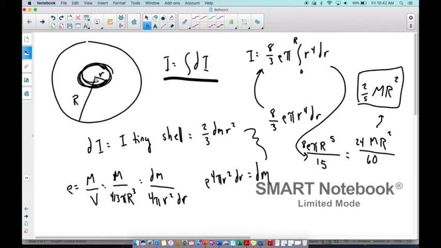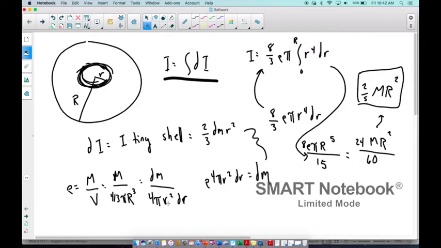Well, its volume is just going to be the surface area of the shell times the thickness of the shell, where the thickness is a little tiny dr piece, a little tiny piece of r. So the surface area of a sphere is 4 pi r squared, and the thickness of each shell is dr. So that gives me a little dV, a little volume piece.